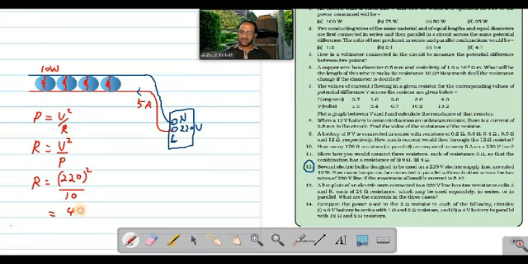What is 220 square? 48,400 divided by 10. Then what is the resistance? R is equal to 4840 ohm.